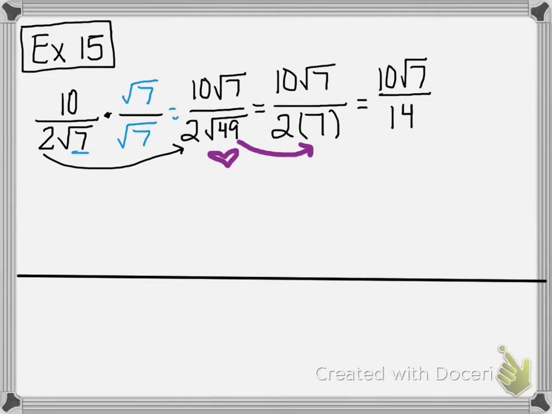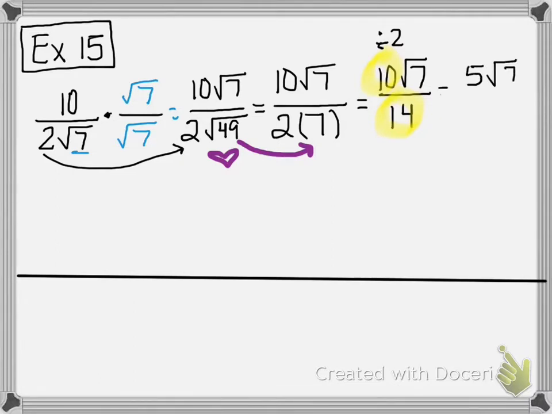And then the last step, just like we did before in example 14, we want to see, can these two numbers be divided? Well, 10 and 14 are not divisible, but 2 goes into both of them. So when I take 10 and I divide it by 2, I get, let me make that division symbol a little bit bigger, 10 divided by 2 is 5.